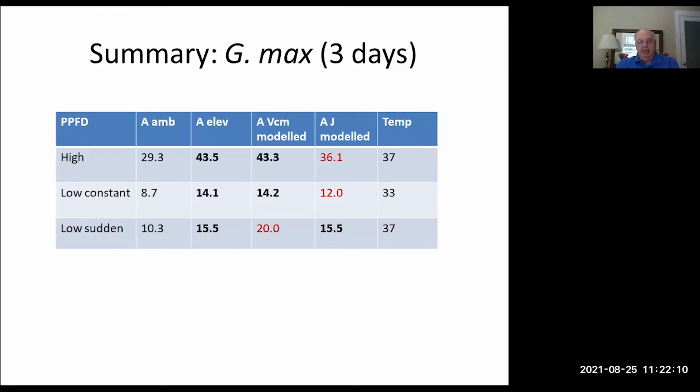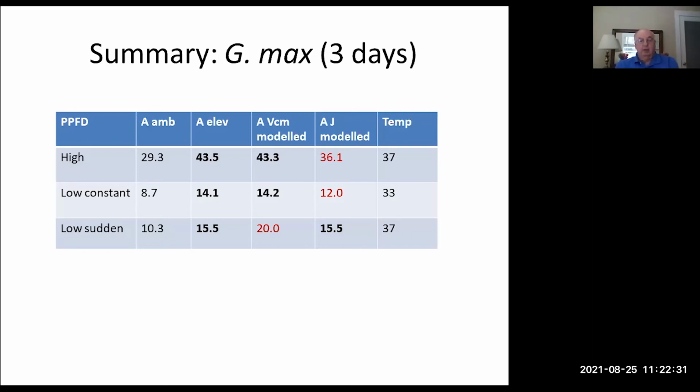And again, that is very well modeled by assuming that Vcmax is the limiting factor at elevated CO2. It's not well modeled by assuming that electron transport has become limiting. So that electron transport value of 12 underestimates the actual value.